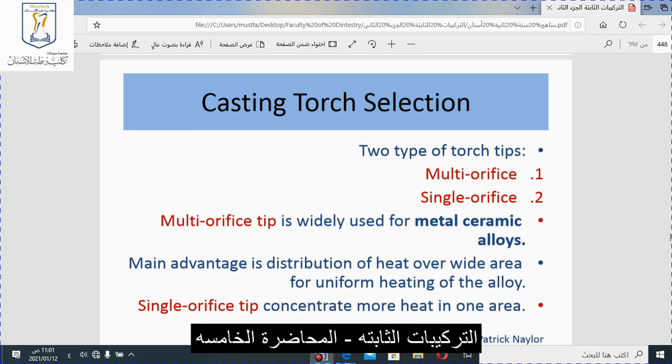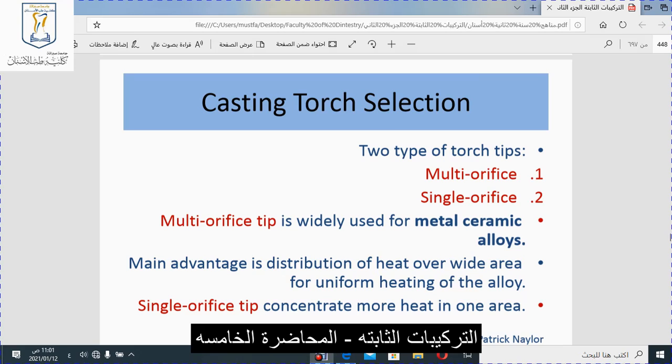Casting torch selection. Multi-orifice torch. We need a multi-orifice torch for the casting of dental alloy or ceramo-metal alloy. Why? Because the fire comes from multi-opening, so it will be distributed over all the alloy pieces which are being burned while transferring from the solid state to the liquid state.